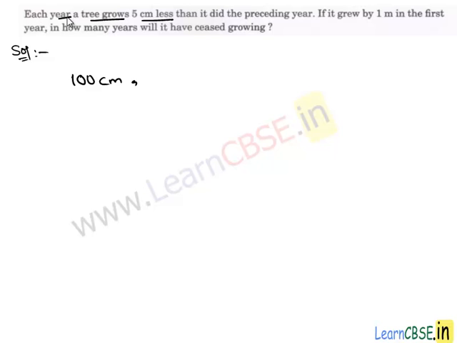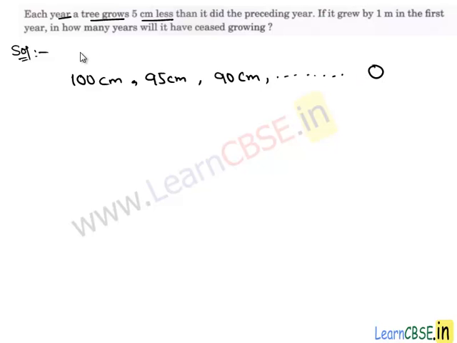According to this sentence, each year a tree grows 5 centimeters less than it did in the preceding year. So here we have 100 centimeters. In the second year it grows by 95 centimeters. In the third year it grows by 90 centimeters. And so on, until it comes to 0. That means it stops growing.